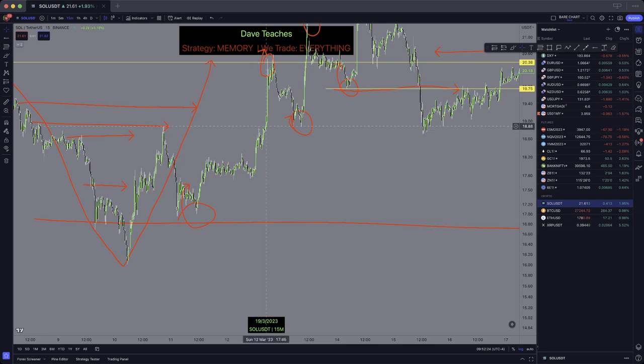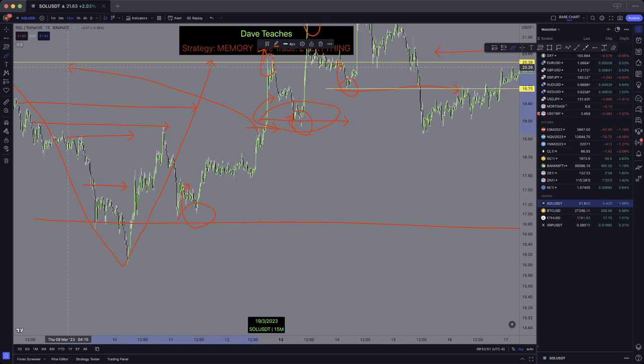We come back to the S&D, and particularly here, the imbalance just above it that violated the high. That particular high. Again, if you have questions about those highs, that's advanced market structure.